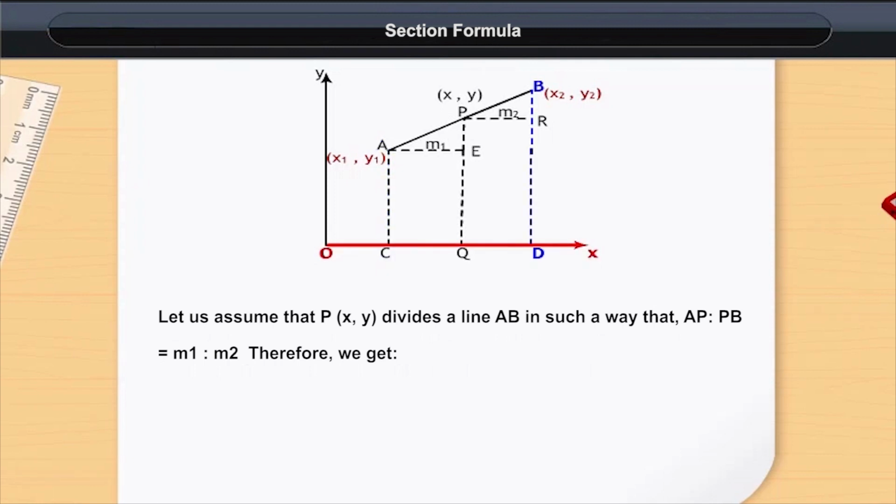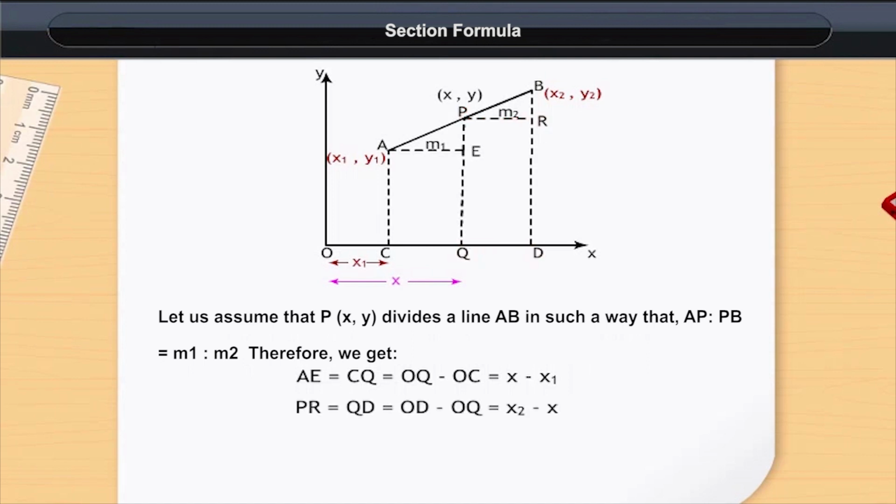At first, we draw perpendiculars on OX as AC from point A, BD from point B and PQ from point P. Also, we draw a perpendicular on BD as PR and a perpendicular on PQ as AE.